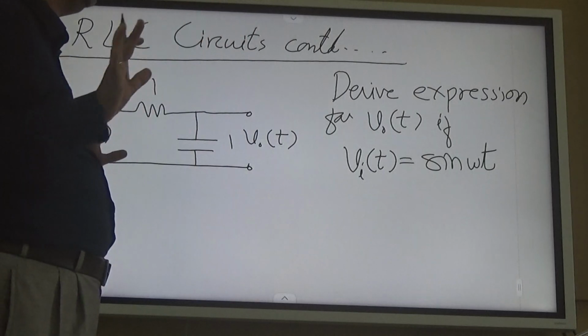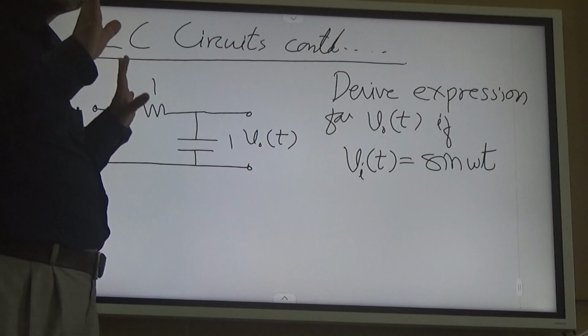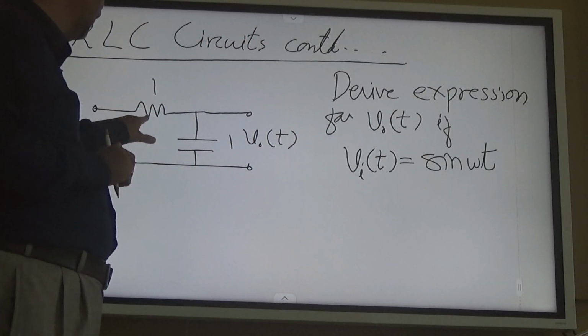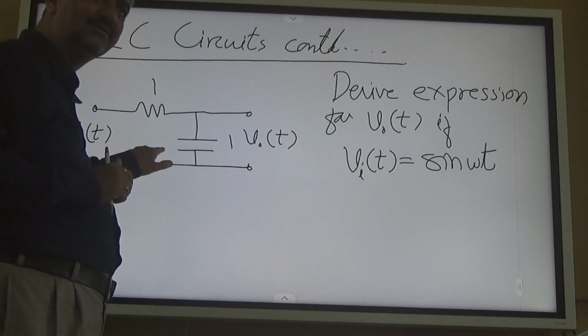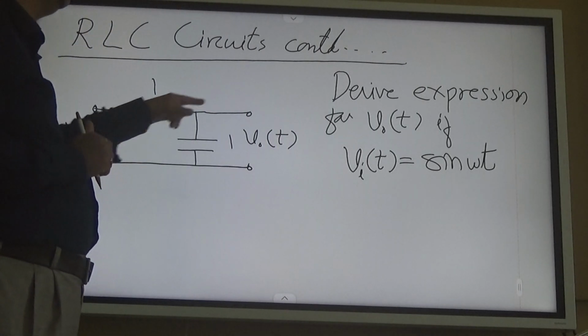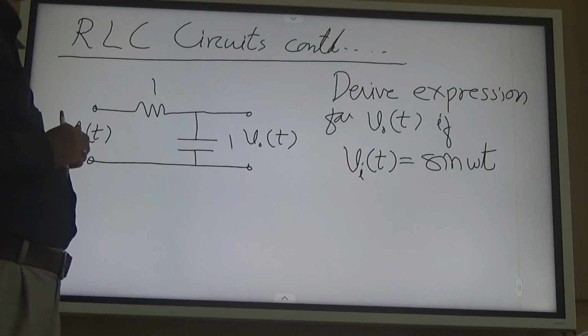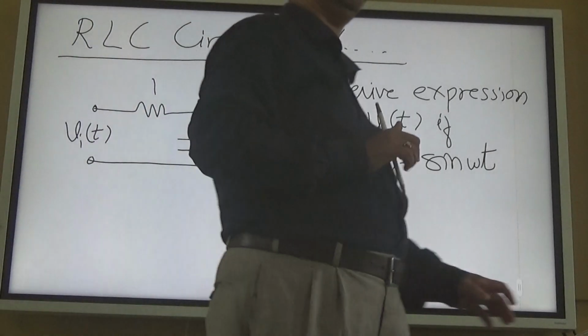Now my question is very simple. A simple circuit with R equal to 1, C equal to 1, and the input applied is V in T equal to sine omega T. What will be the output?